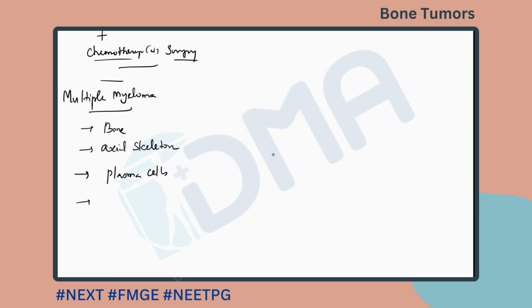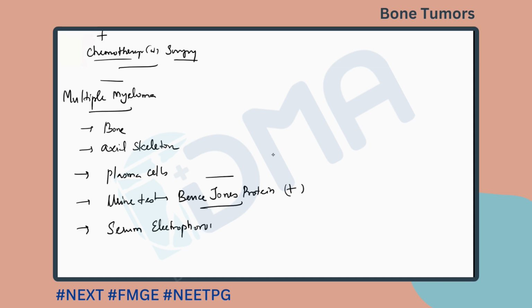You diagnose multiple myeloma by doing a urine test where you look for Bence-Jones protein, and that will be positive in multiple myeloma. The ultimate diagnosis is serum electrophoresis. And you treat multiple myeloma by giving chemotherapeutic agents.